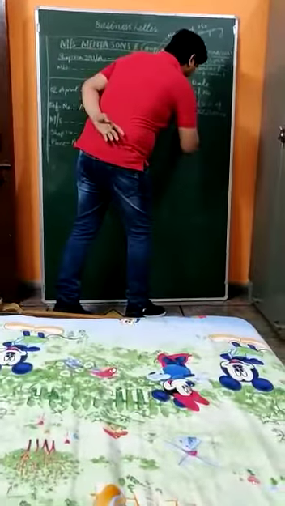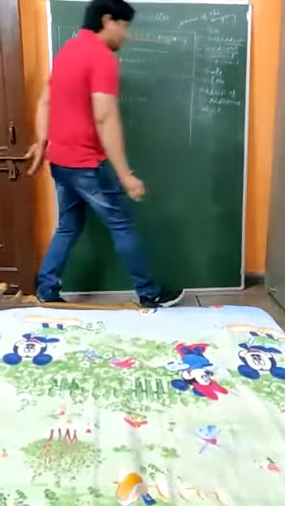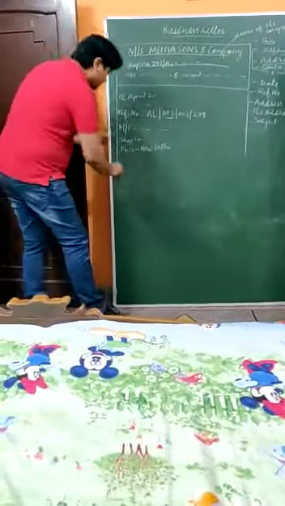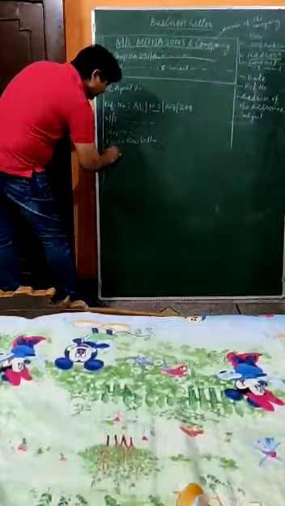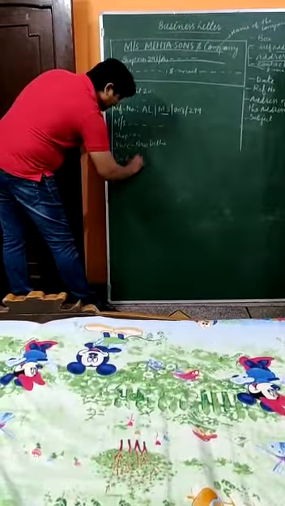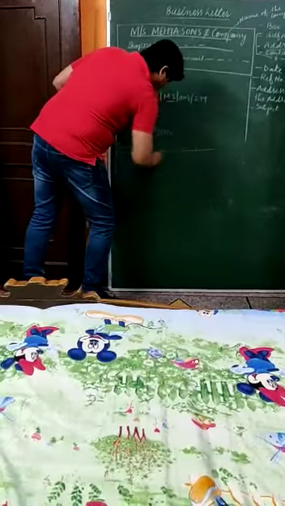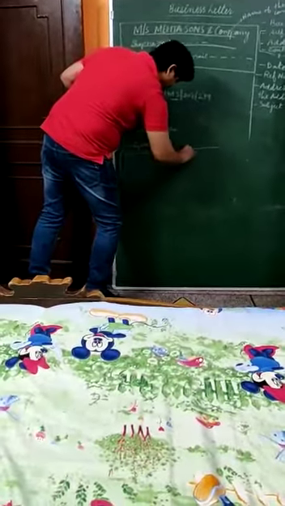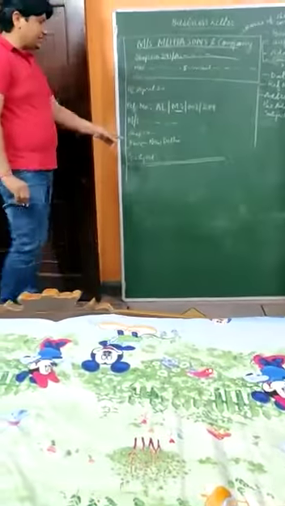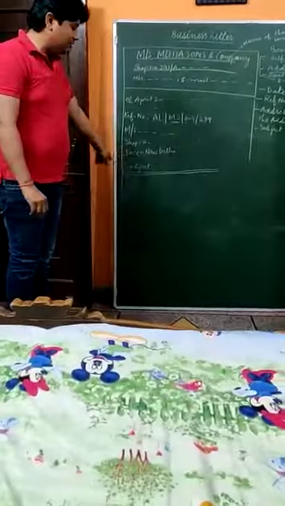Next is subject. Next thing you will mention subject. Again, dear students, leave space and mention subject. As I told you, you have to write complete word subject, and whatever your subject is, it must be underlined. You have to underline the complete subject.